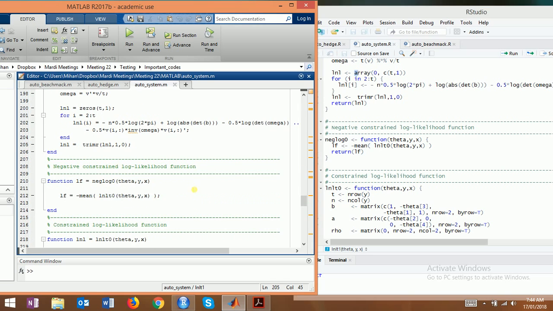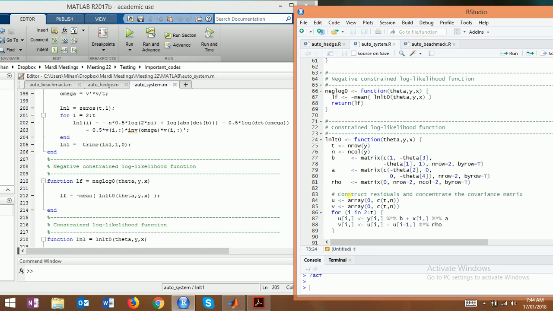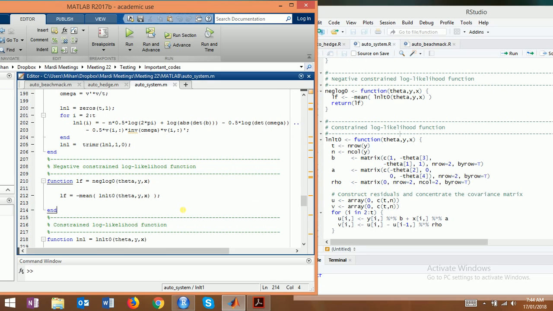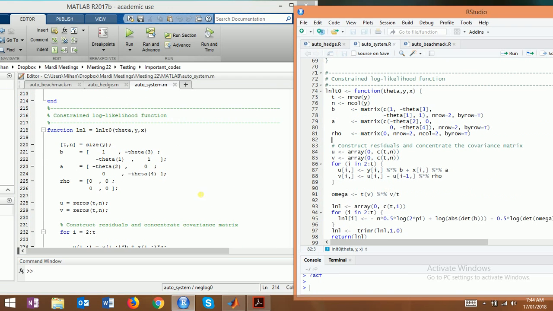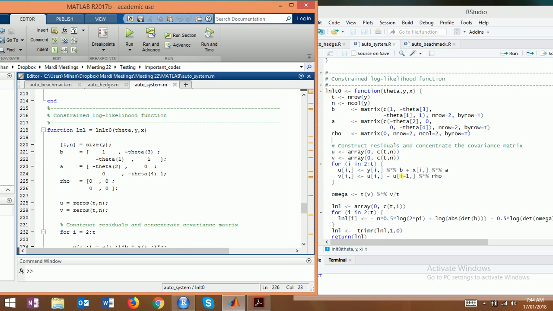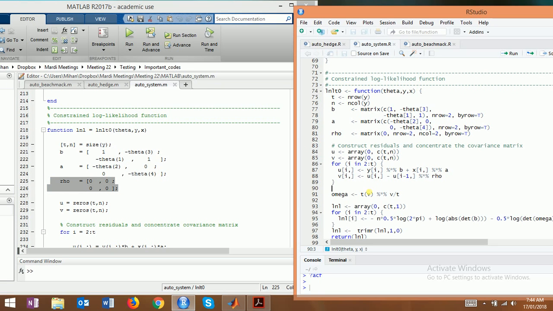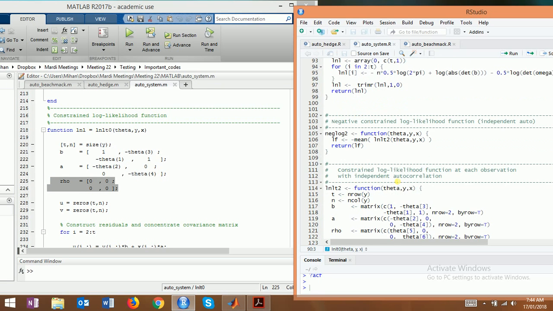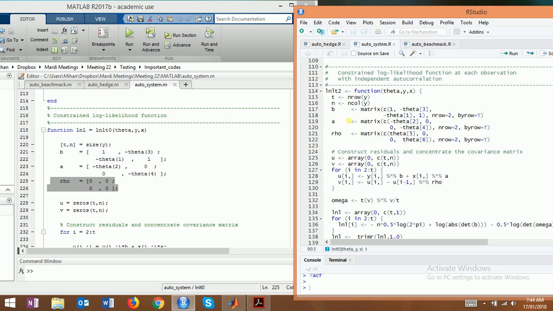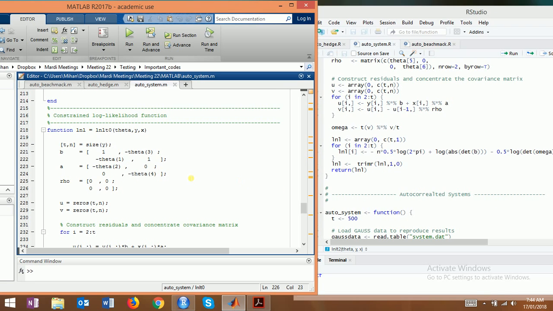So the negative constraint log likelihood function has the rows as zeros, that's all. We set all the row correlation coefficients to be zeros, and that becomes your constraint log likelihood function. You create the matrix with this. We have done this before, so the same thing.